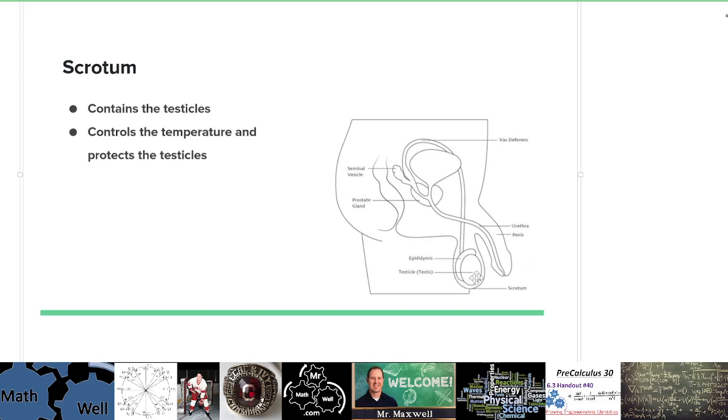So the testicles can't get too hot, I guess. So there is built-in control there for a cooling of these parts here. So the scrotum acts as a barrier, obviously to protect a little bit, but mostly to regulate temperature. So blood flow inside the scrotum and things like that can either heat up or kind of cool down things inside.